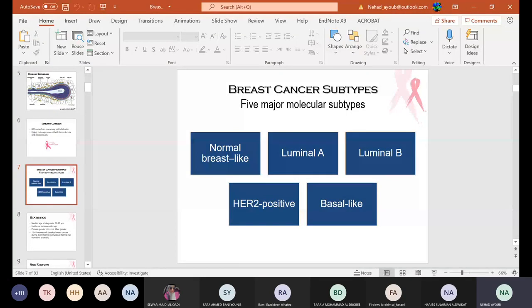Is this expected normally? If we talk about normal development of the mammary gland, what drives the mammary gland to develop in the female? What drives the mammary epithelium to grow?